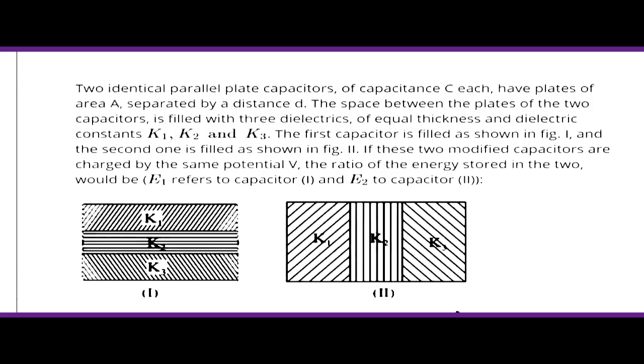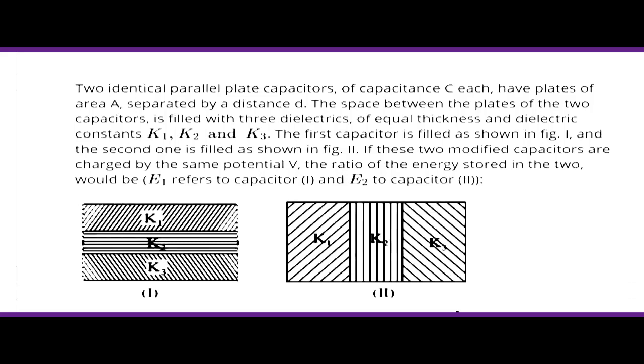So in this question they have given us two identical parallel plate capacitors of capacitance C having area A, separated by a distance d, and the space between the plates of the two capacitors is filled by 3 dielectrics, K1, K2 and K3.